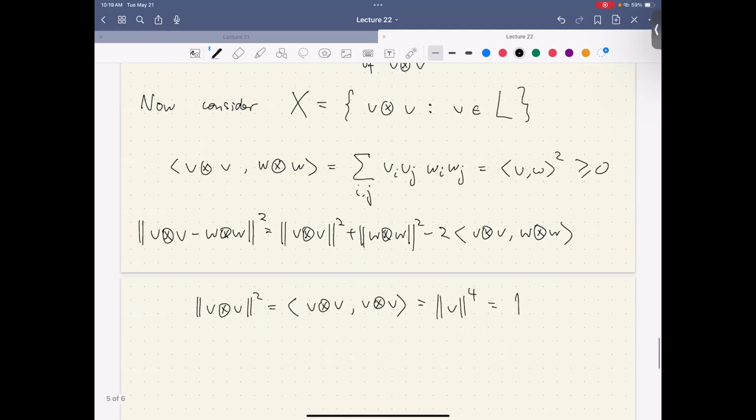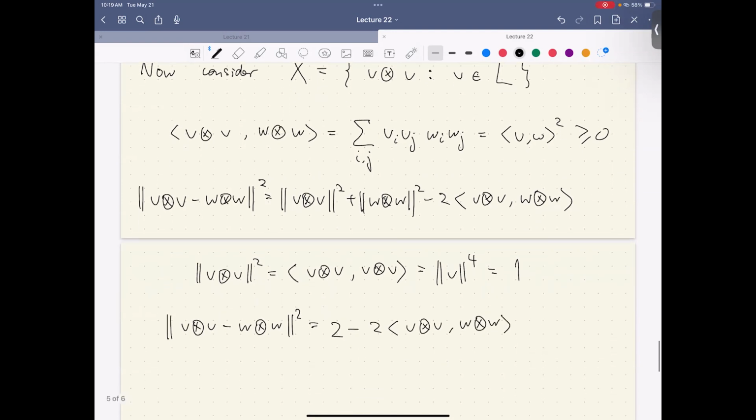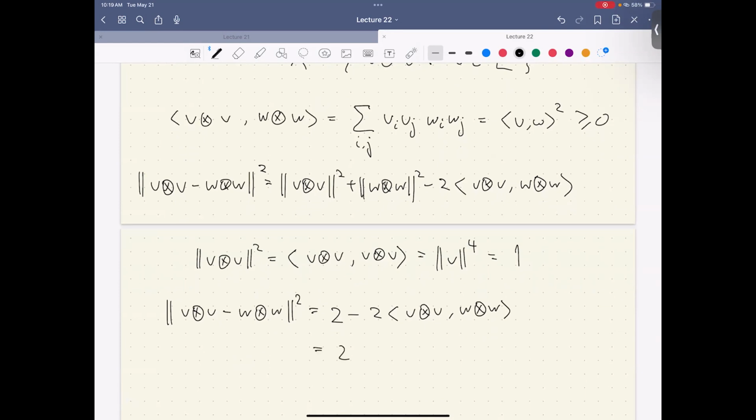So we have this equals 2 minus 2 times the inner product. But the inner product is the inner product of v and w, squared, which is always at most 2.